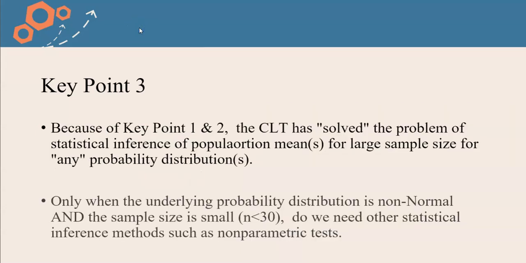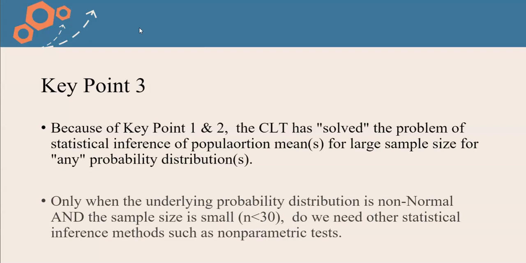And key point 3: because of key points 1 and 2, the CLT has solved the problem of statistical inference of population means for large sample sizes for any probability distribution.